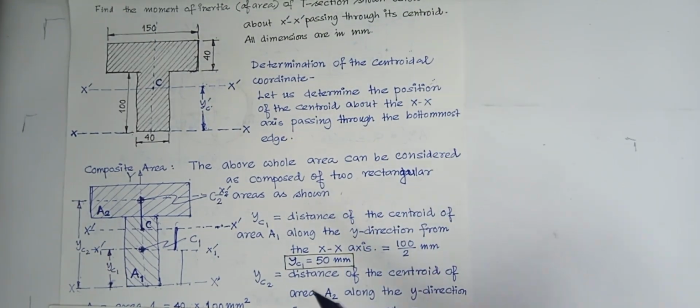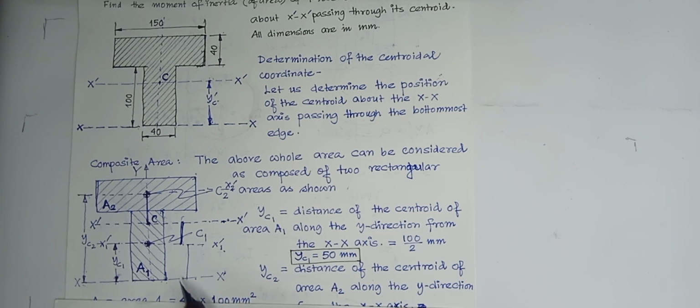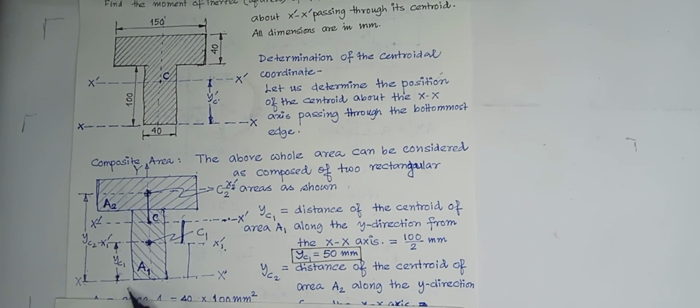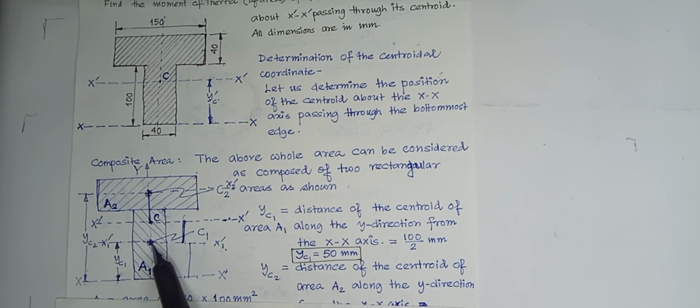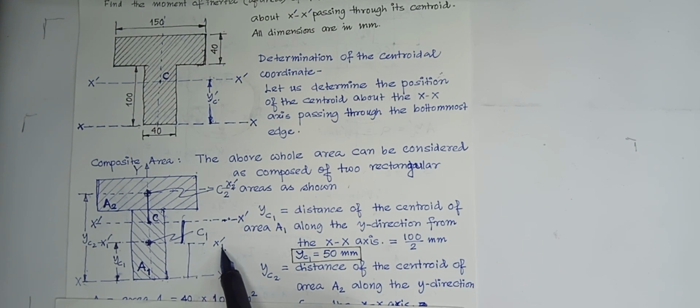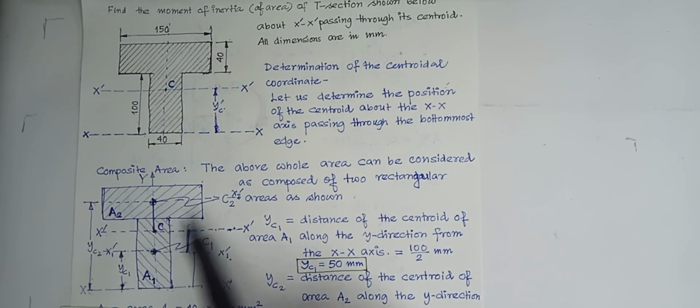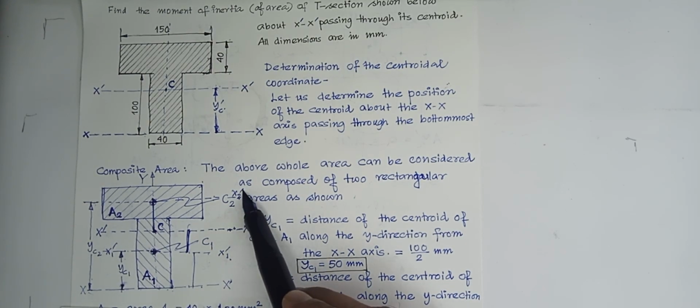So therefore what we will do, here we are actually marking some things. Say for example this is x-axis, xx. Now through this centroid I mark one axis, that is x1 prime, x1 prime. Through this centroid I mark another axis, that is x2 prime, x2 prime.